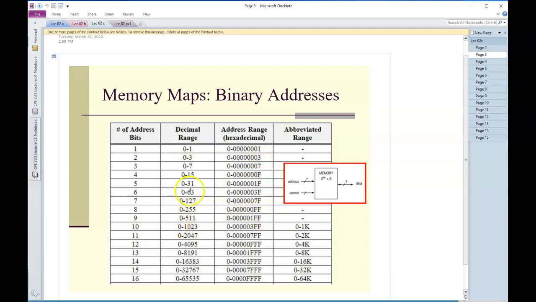Any of these ranges goes from this many zeros to this many ones. So, for example, 2 to the 8th goes from 8 zeros to 8 ones, which is here in the hexadecimal range. 8 zeros through 8 ones is 0 to 255, which is 256 different things.